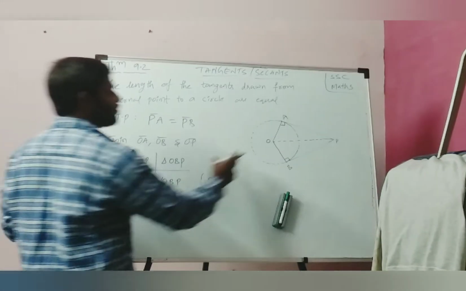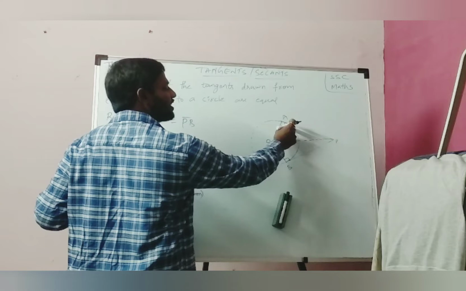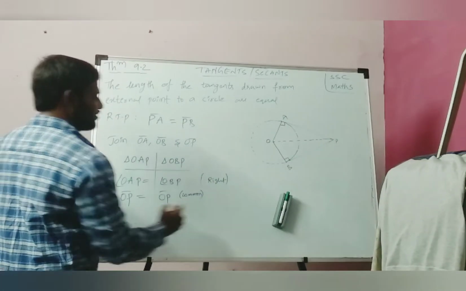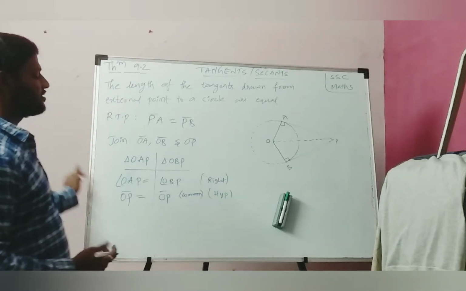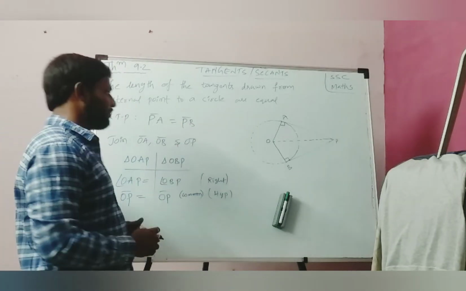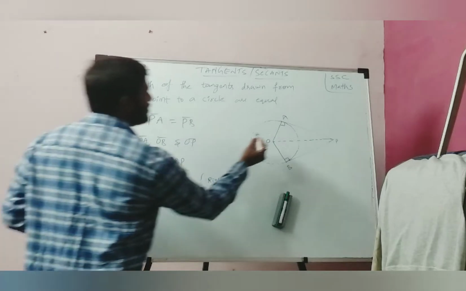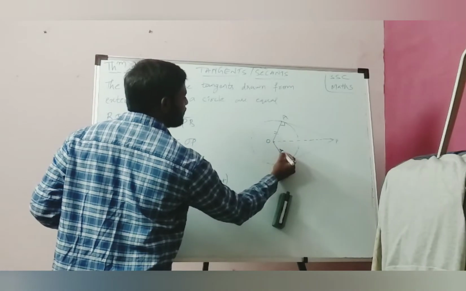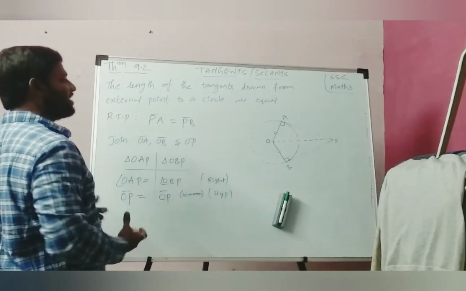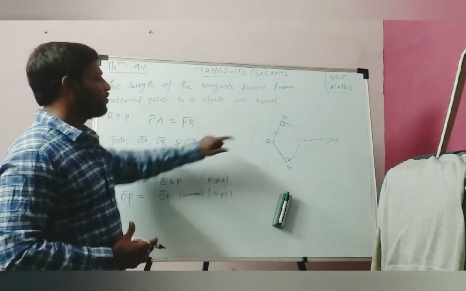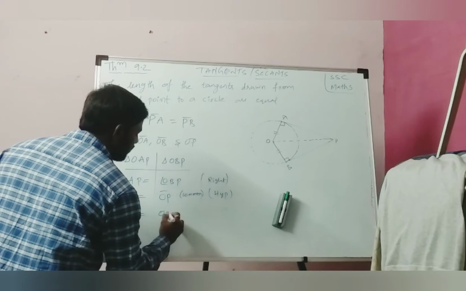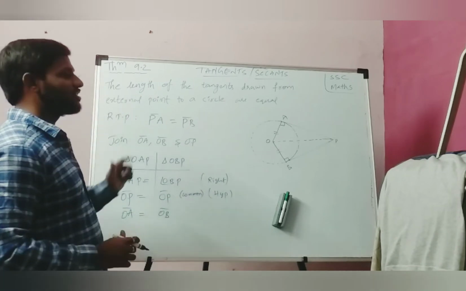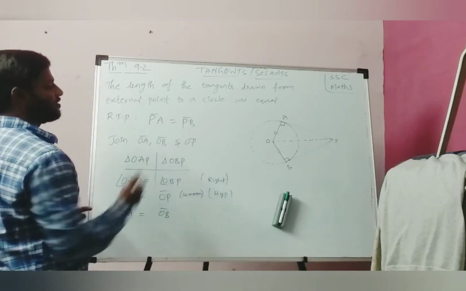And this OP is opposite to the right angle, so OP is the hypotenuse. Right angles are equal, and the hypotenuse is also the same. Next, OA is a radius, OB is also a radius. Since radii of the same circle are equal, OA equals OB.